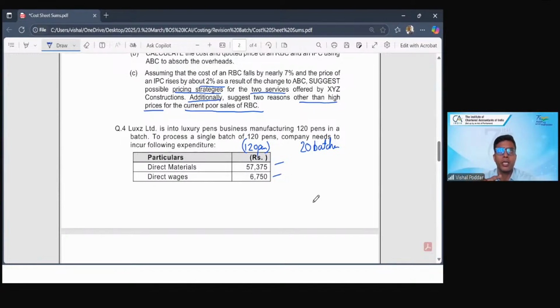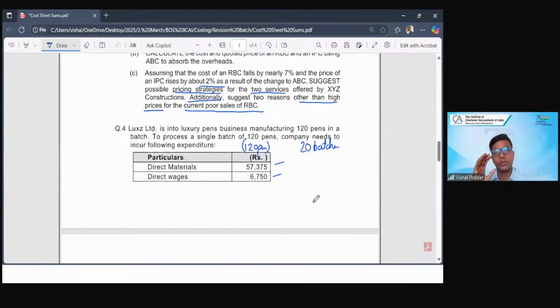Here, the setup cost is required for every batch of 120 pens. So you will not be able to produce anything beyond 120 in that batch. Let us say it is a type of die which wears out after 120 pens, so you have to change the die. That is why we did not consider it only once. We considered it 20 times by multiplying it by 20 batches.